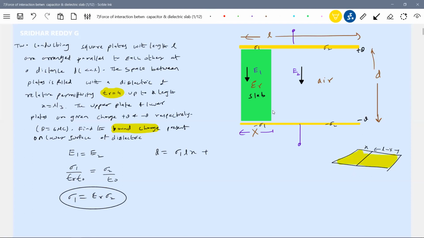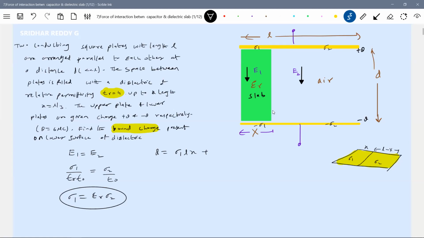You are seeing only a line. How much charge is present in this region? So this will be sigma 1, here sigma 2. Hope you are able to understand what I mean to say.